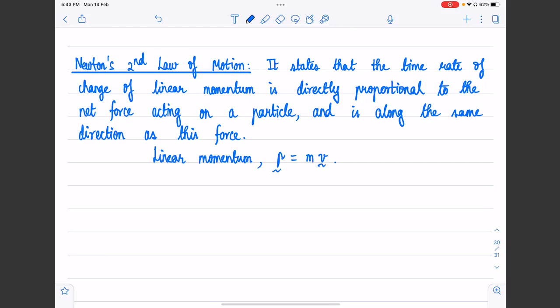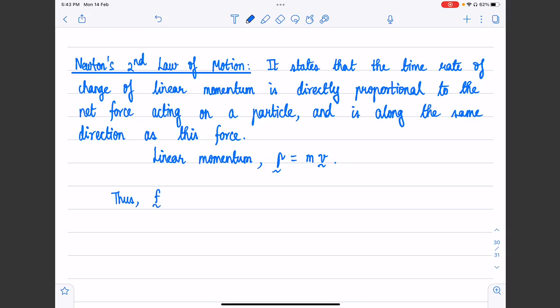So it is essentially the mass of the particle times its velocity, vector v. So what Newton essentially has stated through the second law of motion is this: the net force F is going to be proportional to dp/dt.